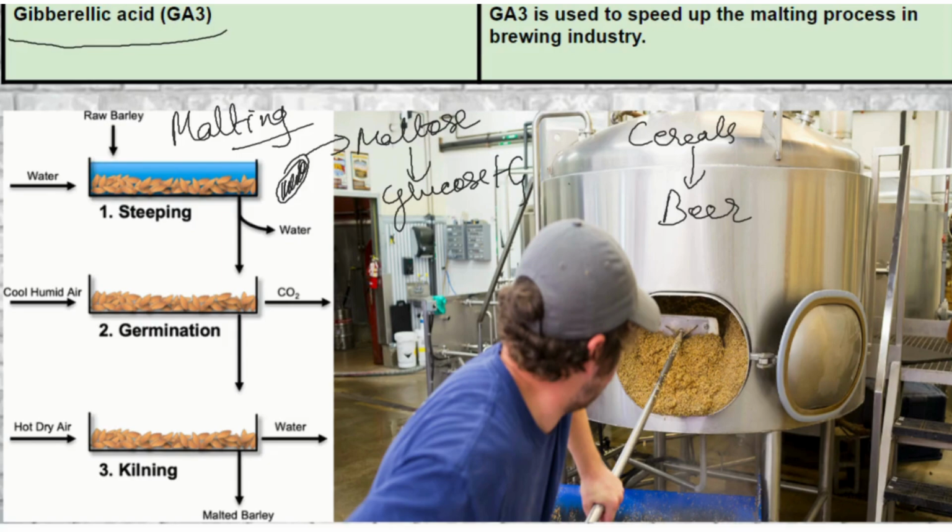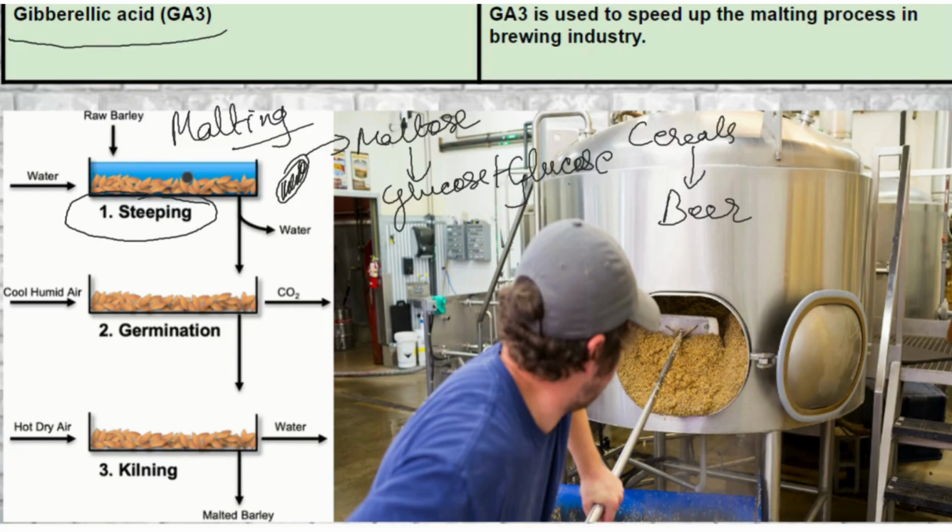During the production of beer, when fermentation takes place, the microbes which ferment get a good amount of carbohydrate to use up. On the left side I have given a diagram of malting.